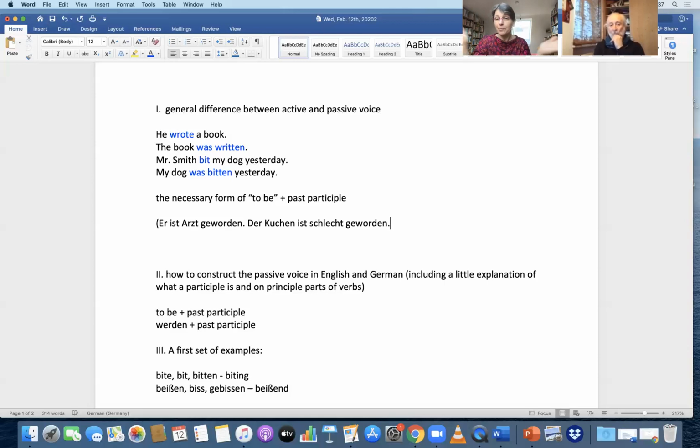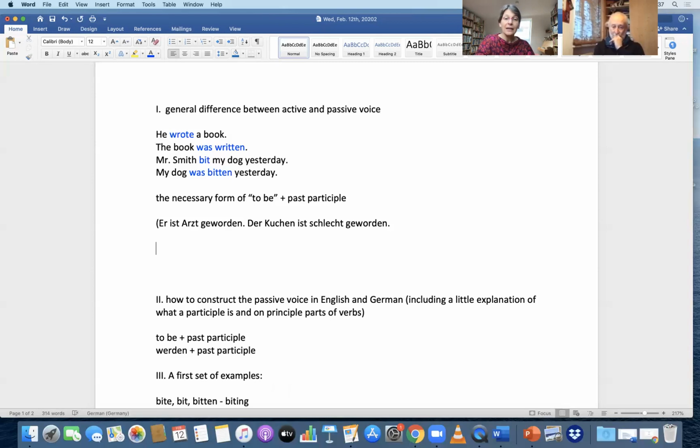The cake turned bad, it became moldy or whatever, because we didn't eat it. And that's different from der Kuchen ist gegessen worden. So when we use werden as a passive voice auxiliary, we simply use worden as a past participle.